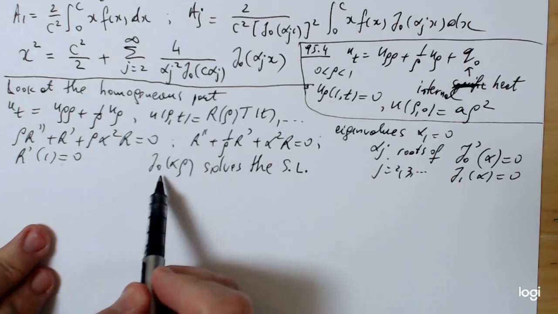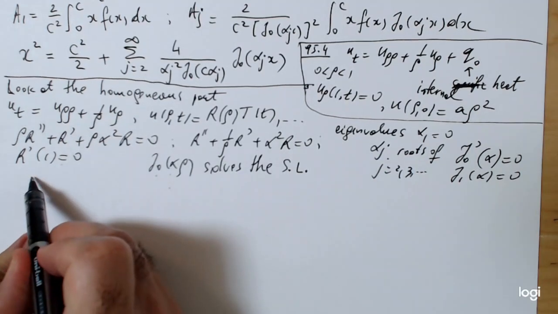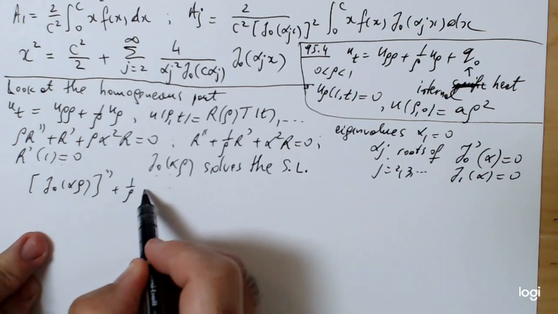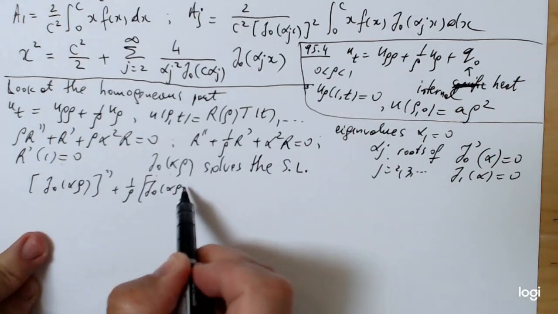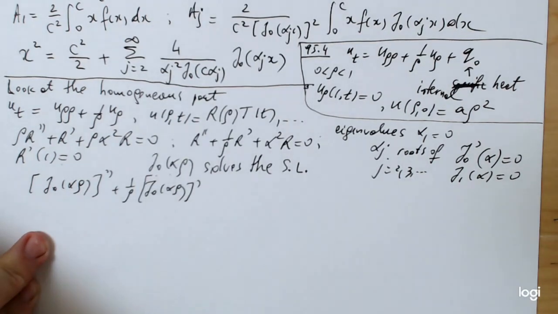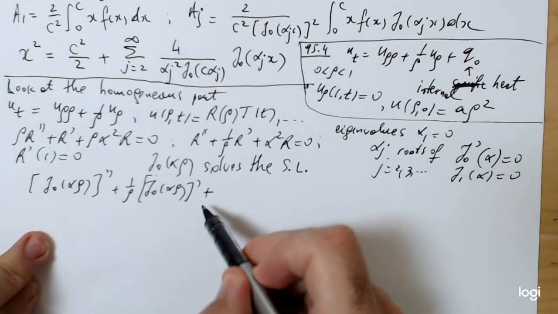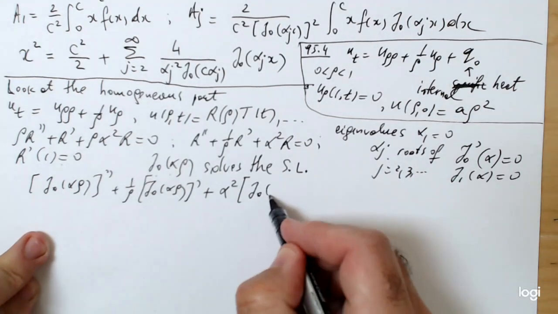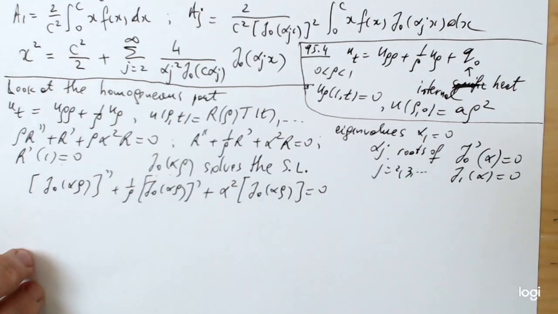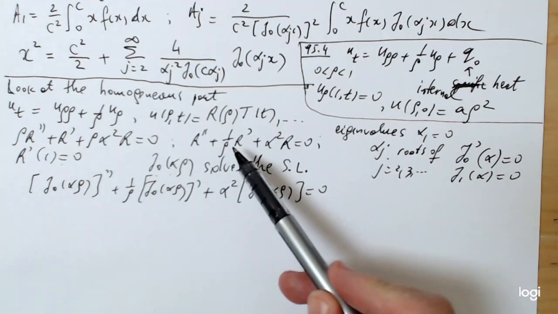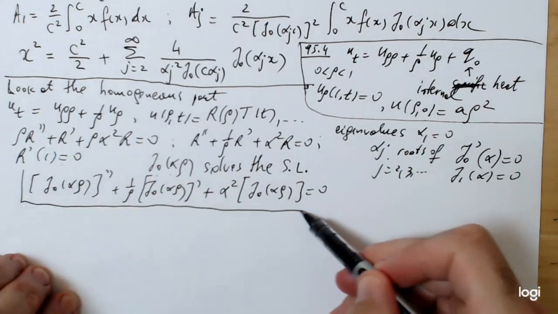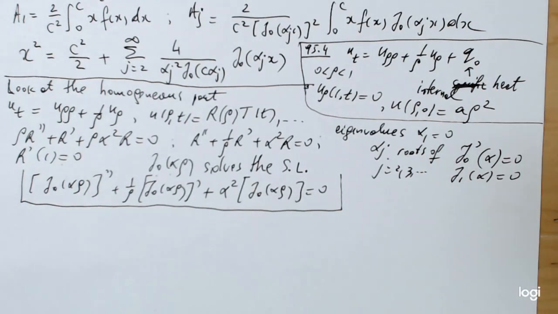So if I plug J naught of alpha rho into the equation, I have J naught of alpha rho double prime plus 1 over rho J naught of alpha rho prime plus alpha squared J naught of alpha rho. This is simply stating that J naught of alpha rho solves the Bessel equation of order 0, which is the Sturm-Liouville problem in this case. Keep this in mind when we move on to the next step.